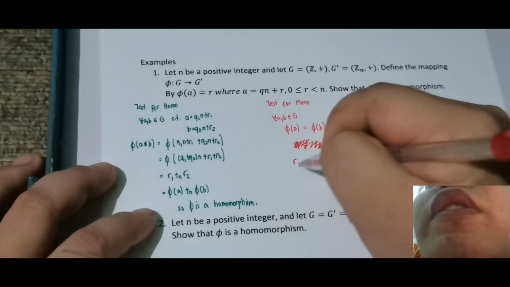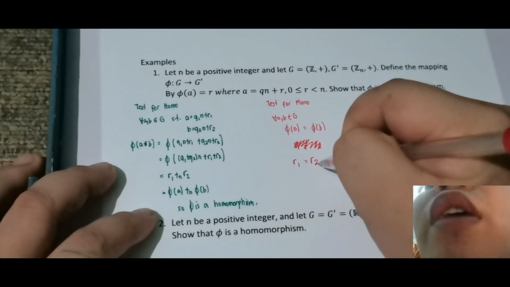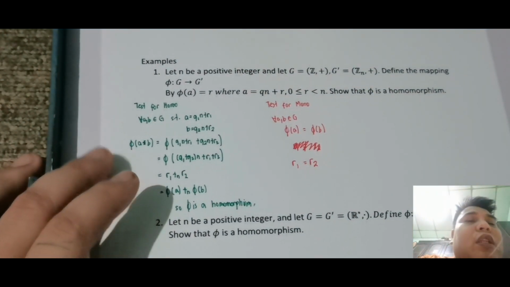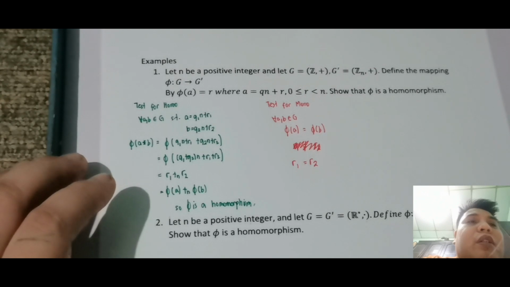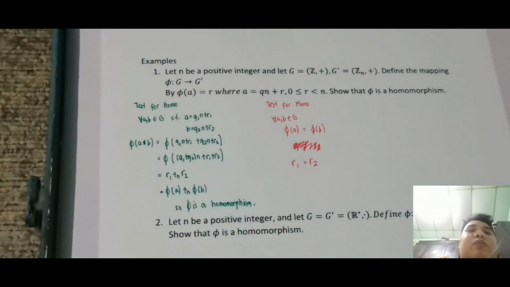Yes, this is just equal sa R1 is equal to R2. But hindi sa lahat ng oras yung A and B are equal. Bakit? Kasi may possibility, for example kinuha ko kunyari sa C sub 6 lang tayo.